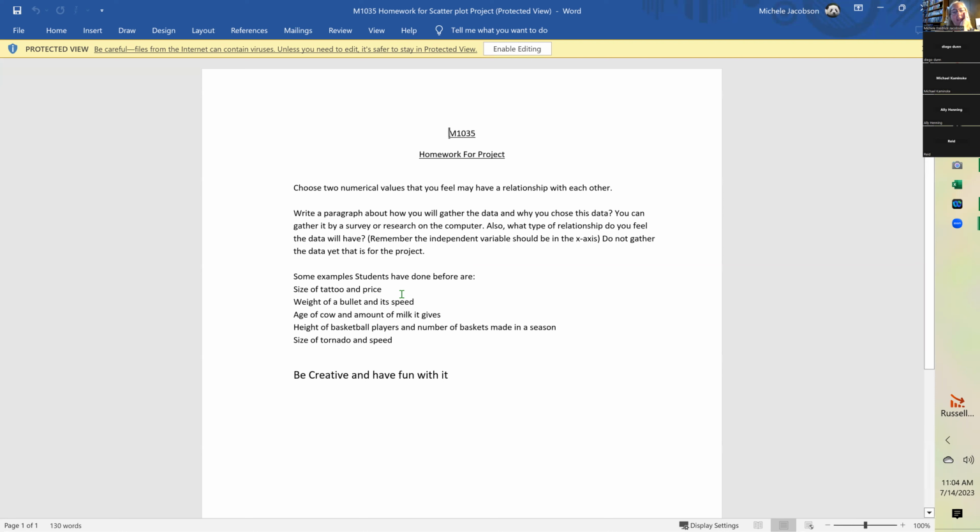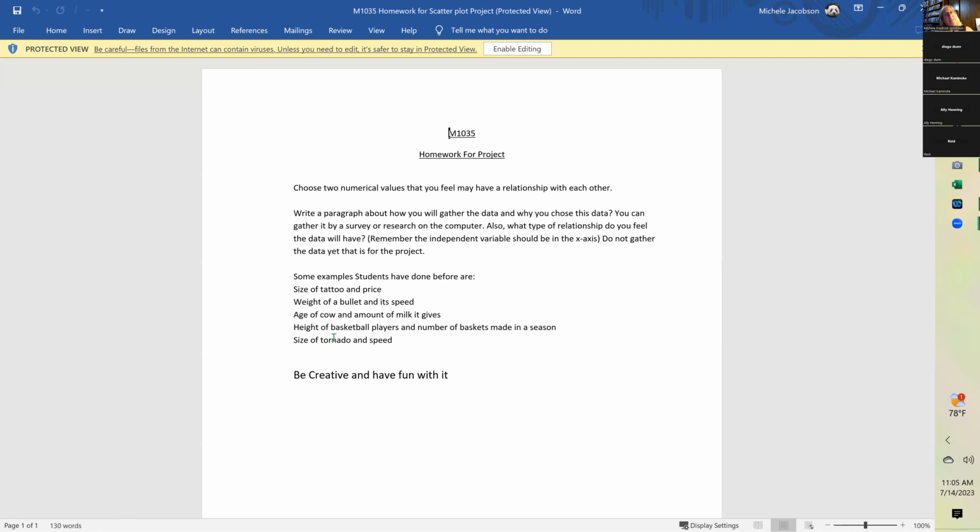We've talked about some of these examples I've had students do before: size of a tattoo and the price, weight of a bullet and speed, age of a cow and milk. This starts out linear, but then of course there's a certain age where a cow can only give so much milk. So depending on how small you keep it, that's the idea with extrapolation.